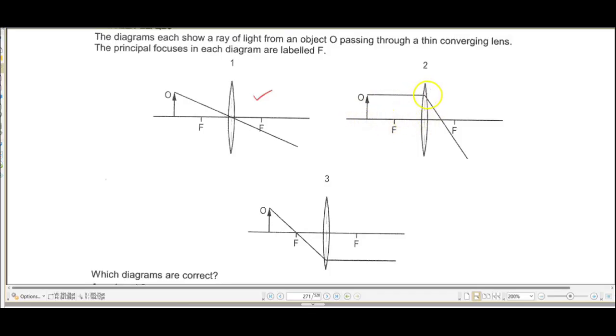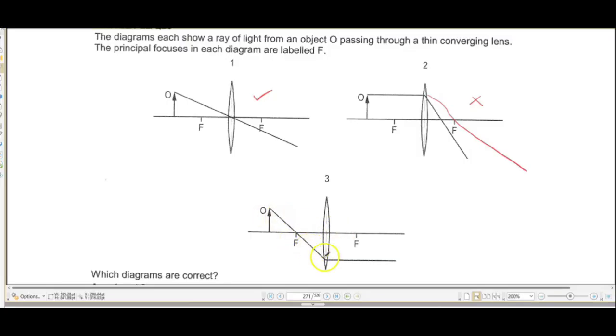Now this one, all the rays that are parallel to the principal axis, after converging through the lens, have to pass through the principal focus. This is not passing through the principal focus, so this is not correct. And if we look at the third option, it is passing through the focal point before it's being converged from the lens.